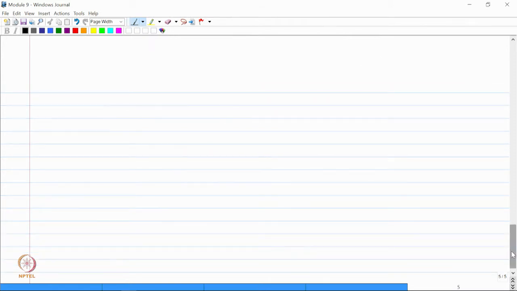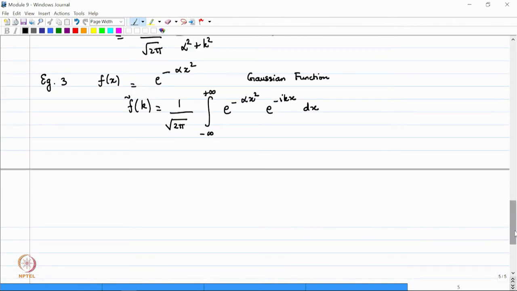And you can work this out exactly the same way. We will use a very popular method in solving these Gaussian integrals, which is called completing the squares.